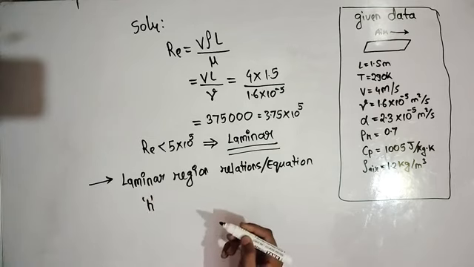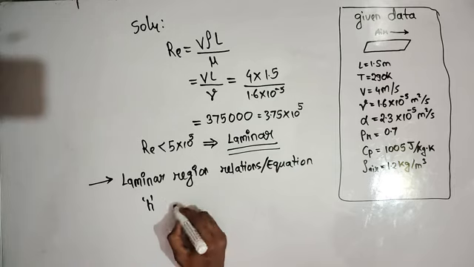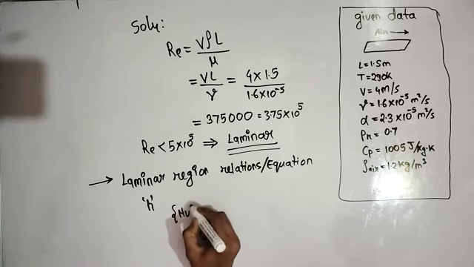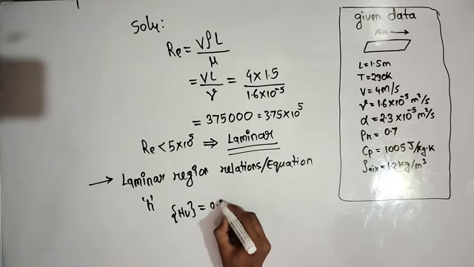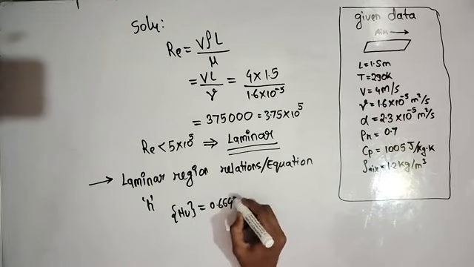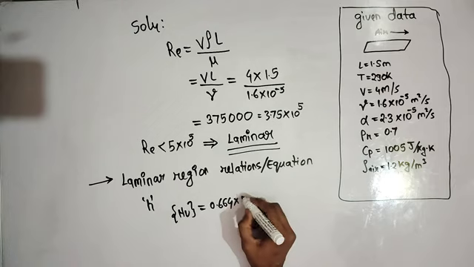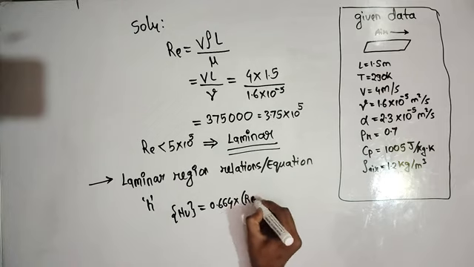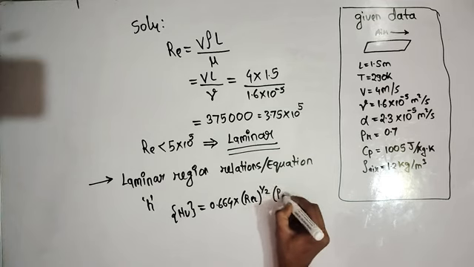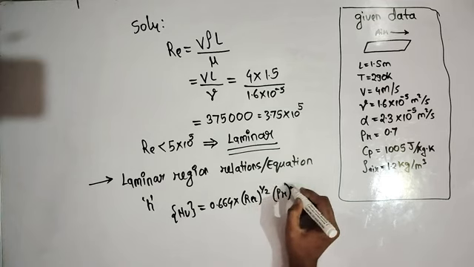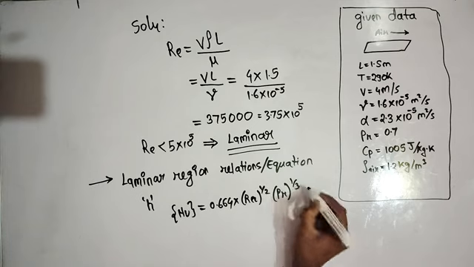To calculate heat transfer coefficient, we have to use Nusselt number equals 0.664 into Reynolds number to the power 1 by 2 into Prandtl number to the power 1 by 3.